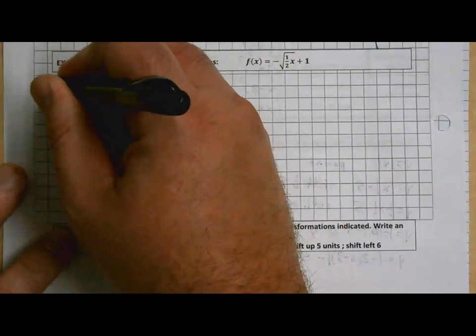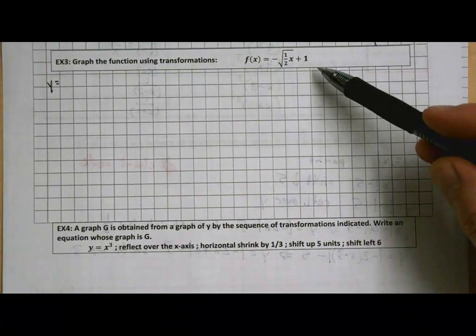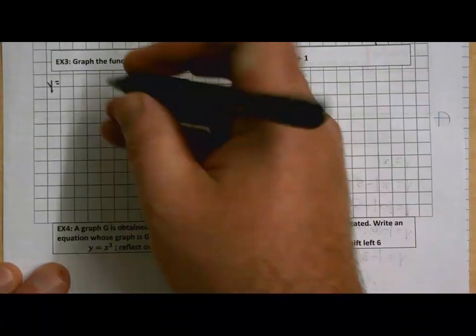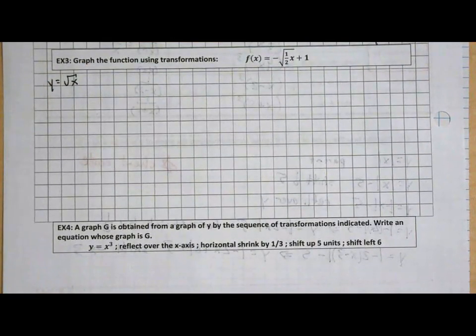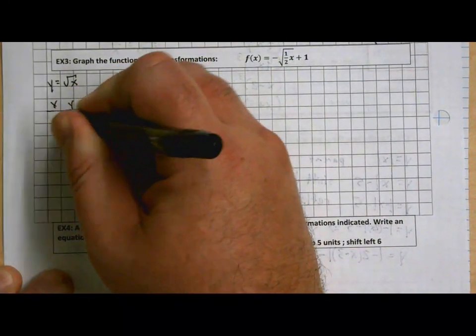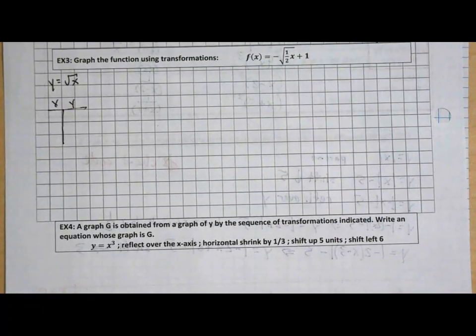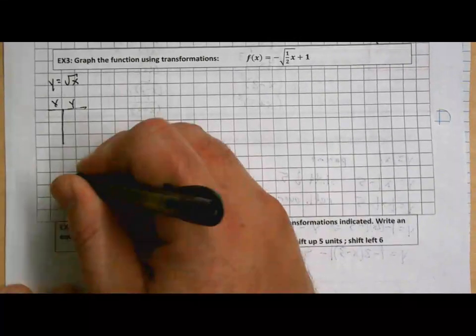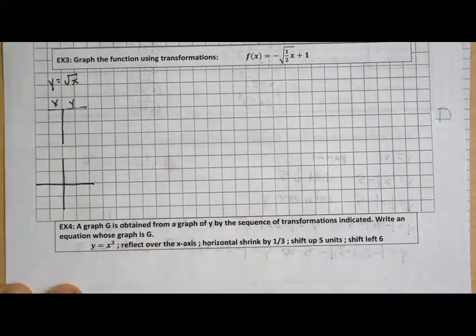What would our parent function be for this function? Again, square root. y equals square root of x. And square root's kind of nice because we only have to track a couple points. I'm just going to remind myself what the square root parent function looks like down here.